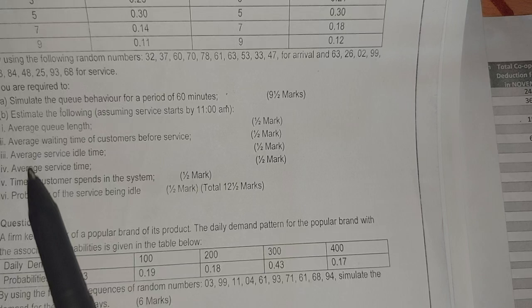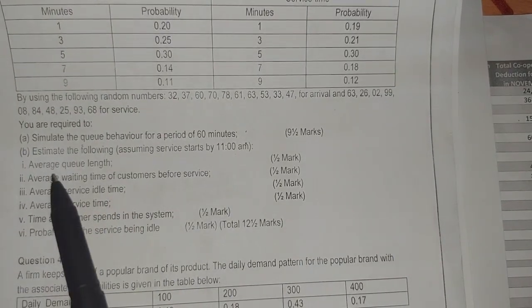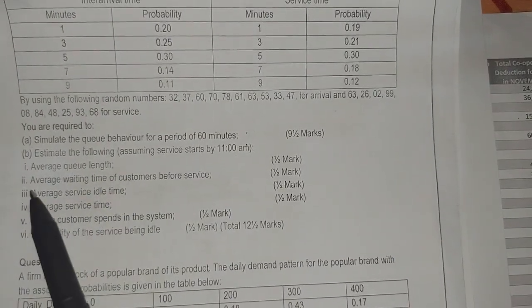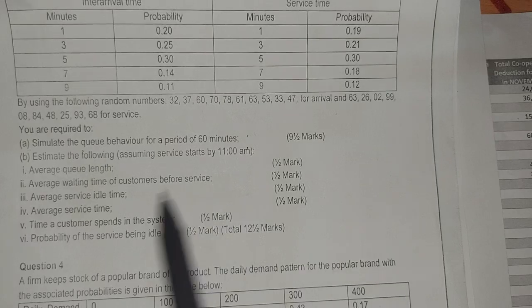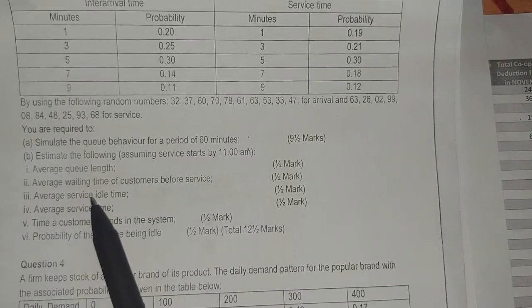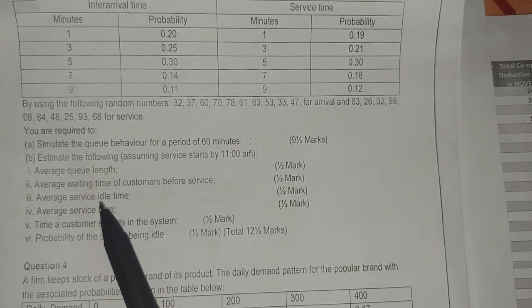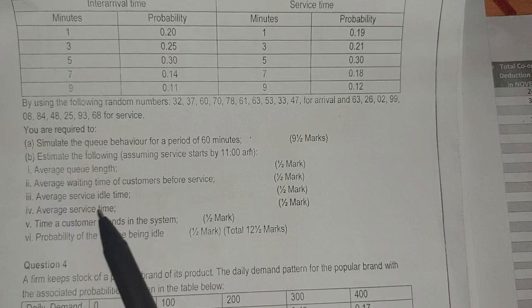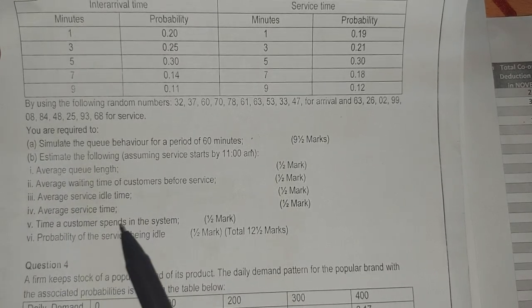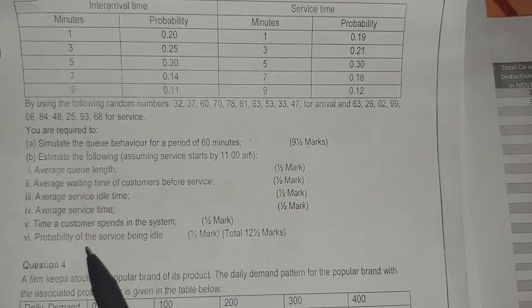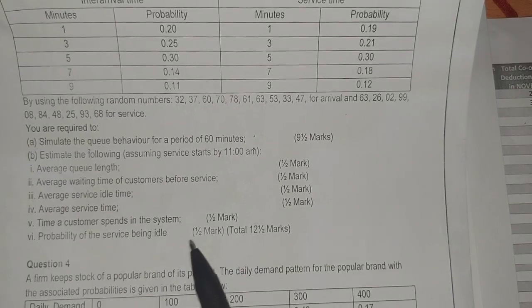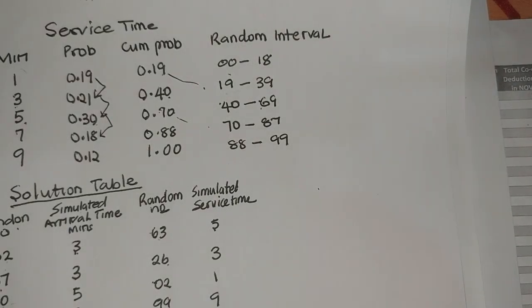The B part of the question is to estimate the average queue length, average waiting time, average service idle time, average service time, time a customer spent in the system, then probability of being in the system. So let's go into that.